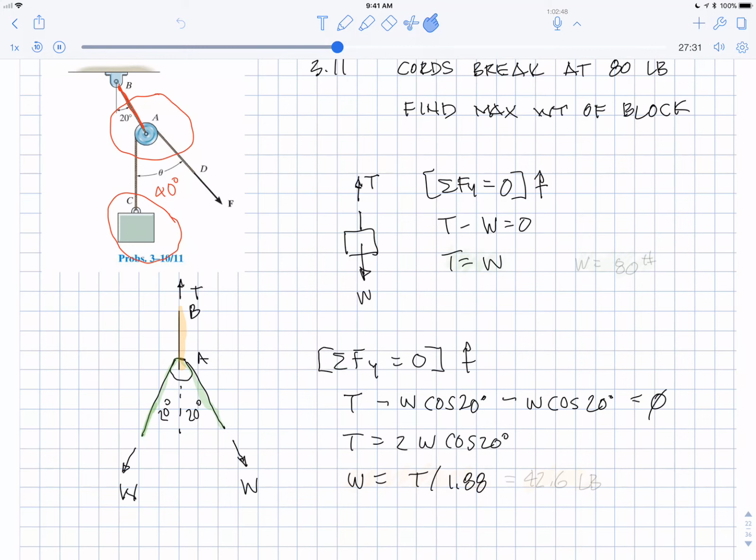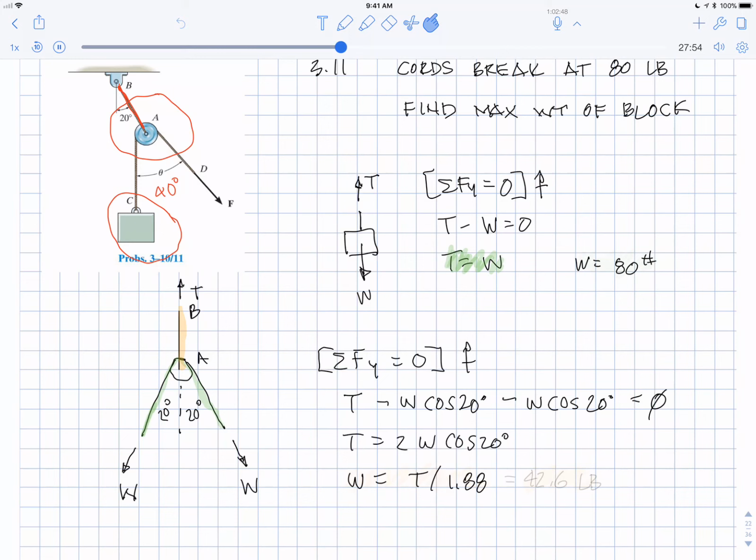Now we actually have to think about things. Okay, so if you break the green rope, the weight will equal the tension, and the tension will break at 80 pounds. So if you break the green rope, you can have a block of 80 pounds. That makes sense.